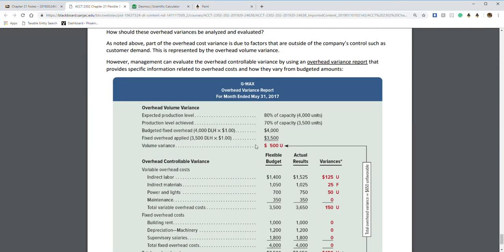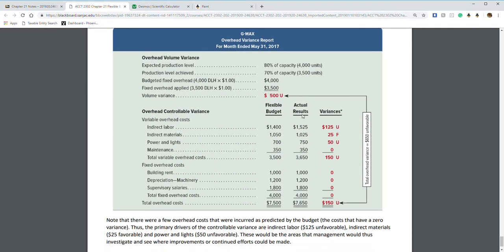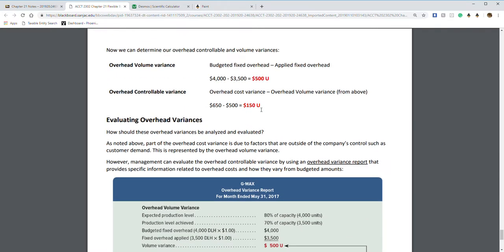We'll just put it right here. And then you're going to see our flexible budget. Notice again, the numbers are related to the 3,500, the actual achieved. So it's bringing that flexible budget that we did before and compares it to our actual results. And we can see exactly what probably caused the 150 right here.